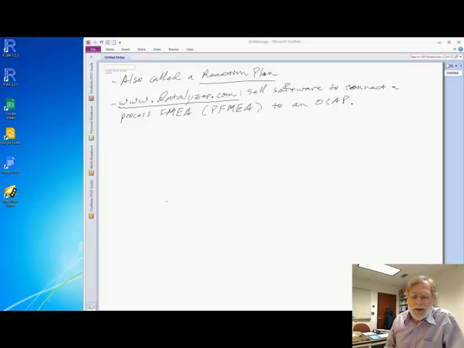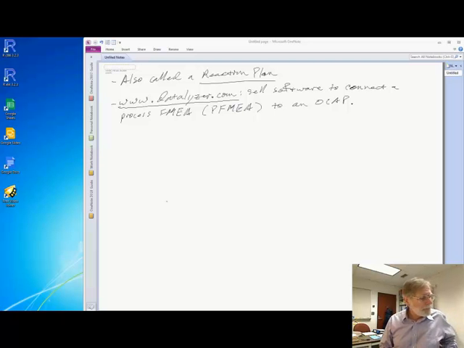The idea is that this linkage will make the failure modes and effects analysis for the process, the manufacturing line, be updated online, and also failure modes will be discovered through experience with the production line.